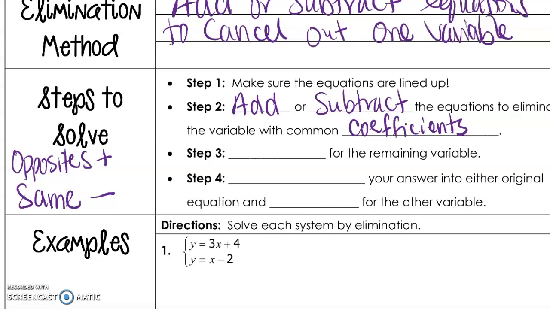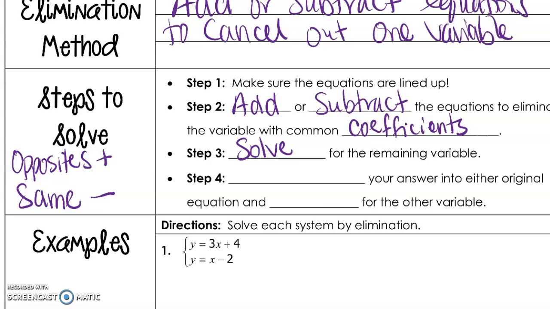If they're the exact same number in front of a variable, you have to subtract your two equations to get it to go away. If they're opposite numbers, one positive and one negative, then you need to add. After you add or subtract, one of your variables should be gone. Then you need to solve for the remaining variable.